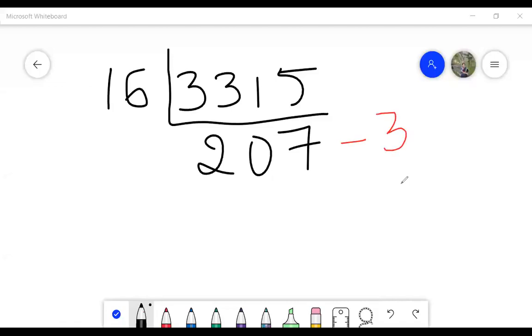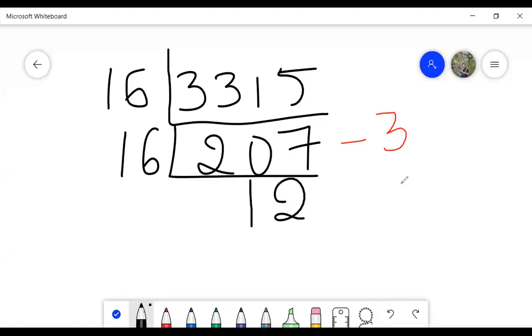Then the next one is 207 divided by 16. If I divide 207 by 16, 12 times 16 is 192. So the remainder will be 15. So this much we have done.